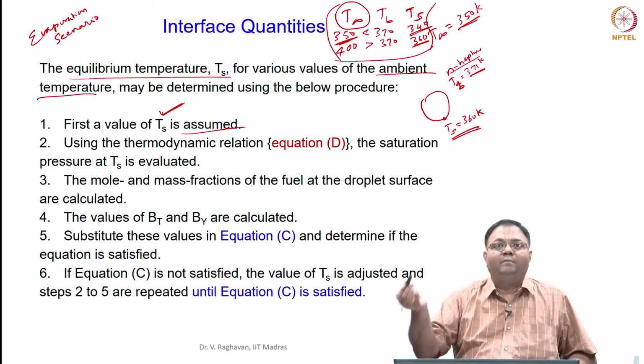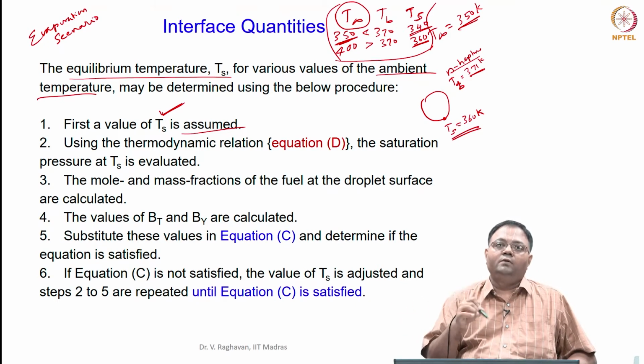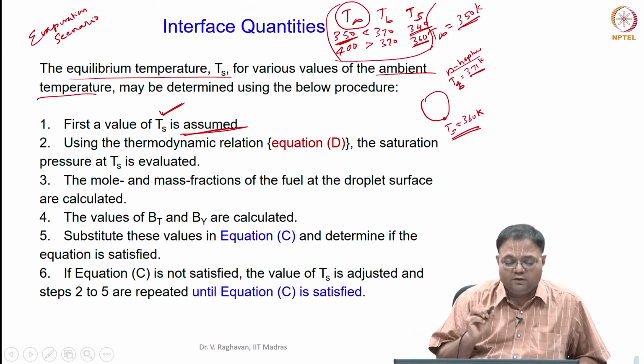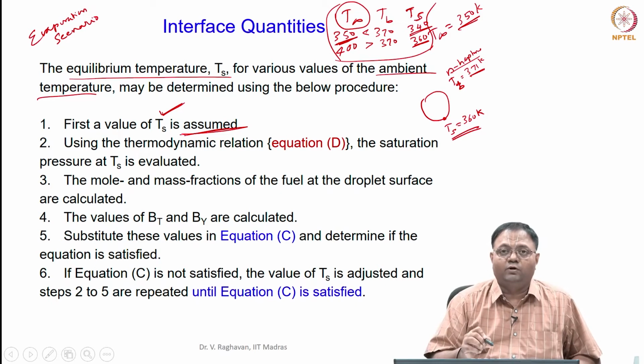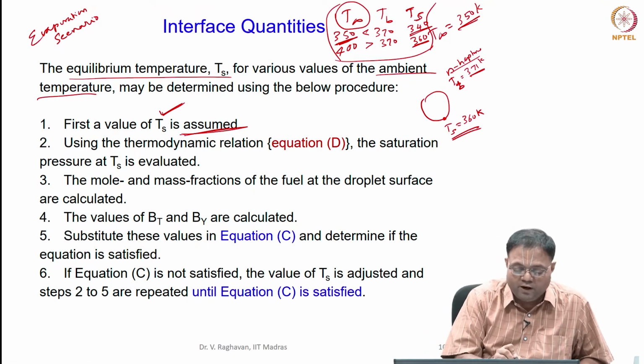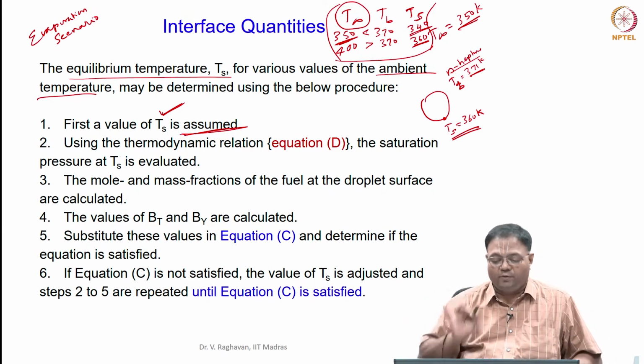You cannot say that now the ambient temperature is more, so the droplet surface temperature can exceed the boiling point. It is not possible. Keep in mind these two situations, and the first value of Ts is assumed based upon this.